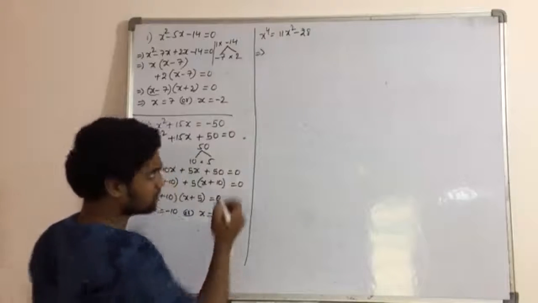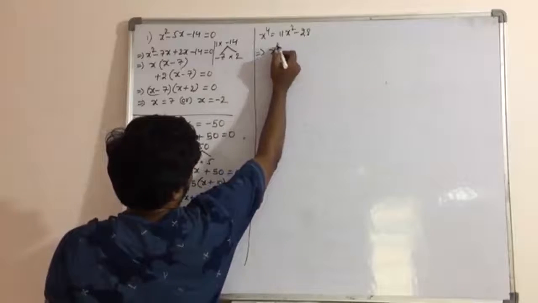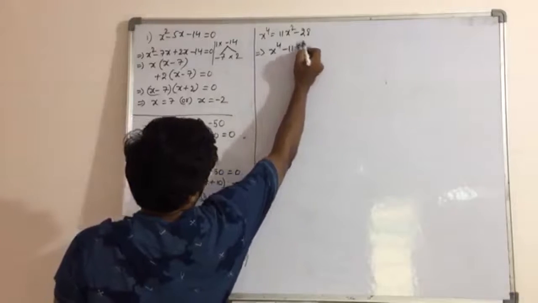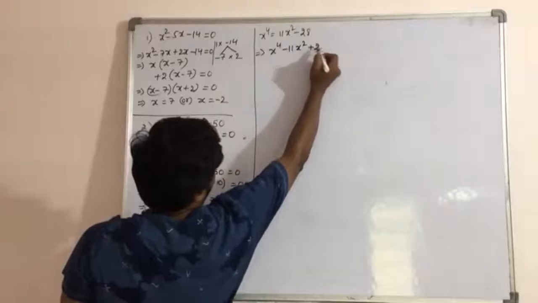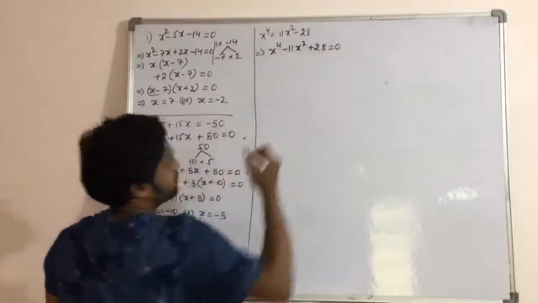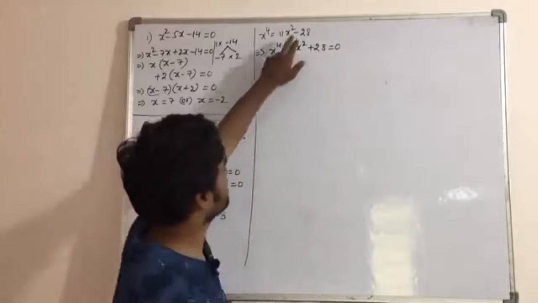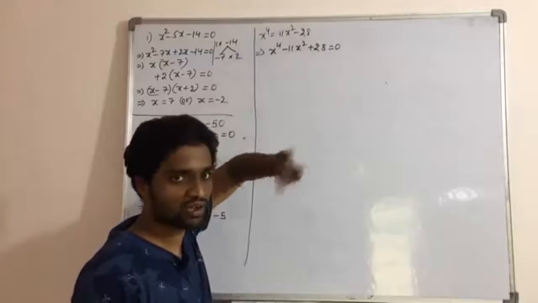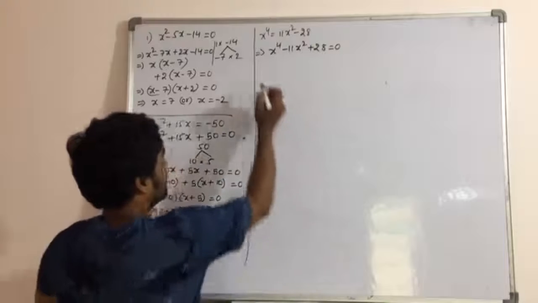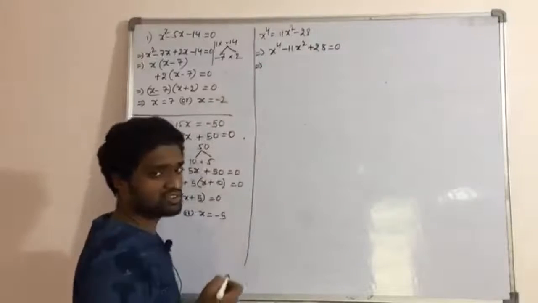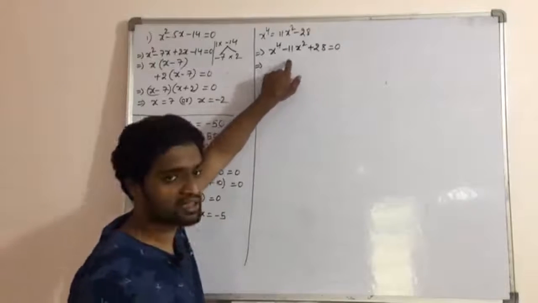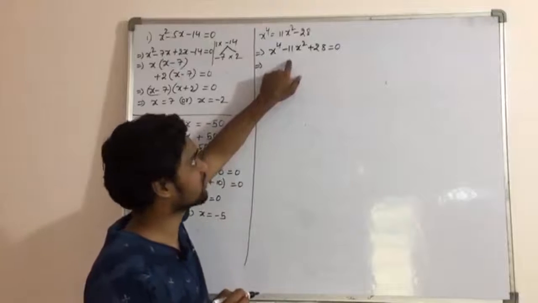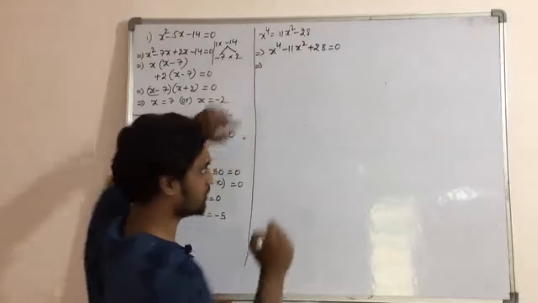Bring all the terms to the LHS. x power 4 minus 11x square plus 28 is equal to 0. So plus 11x square comes as minus 11x square and minus 28 comes as plus 28. Now, as we have discussed in the previous lecture, this is not a quadratic equation in x. This is a quadratic equation in x square.